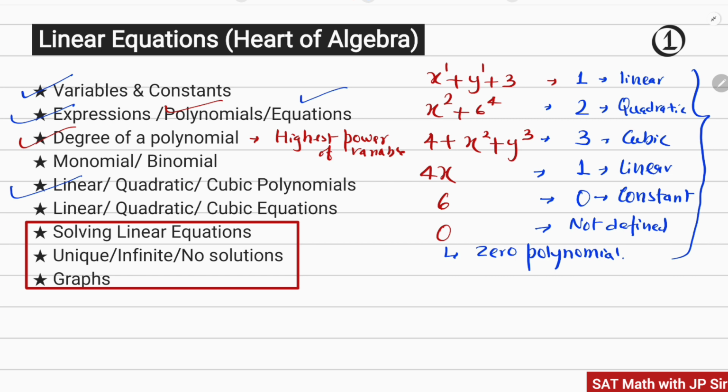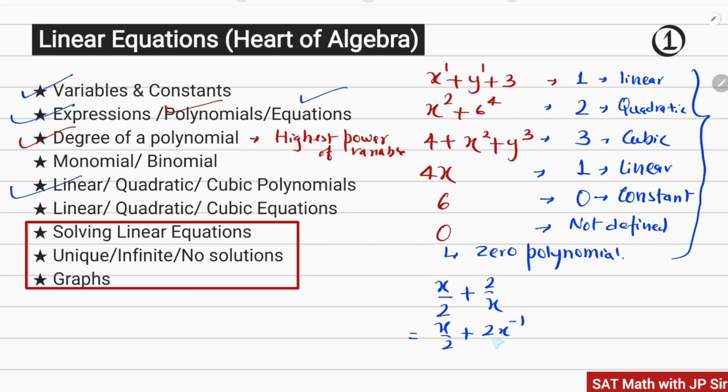Now again, all these are polynomials. If you are asked what is the degree of x upon 2 plus 2 upon x, first you will write this in a proper way. It will be x upon 2 plus 2 and x will go up minus 1.